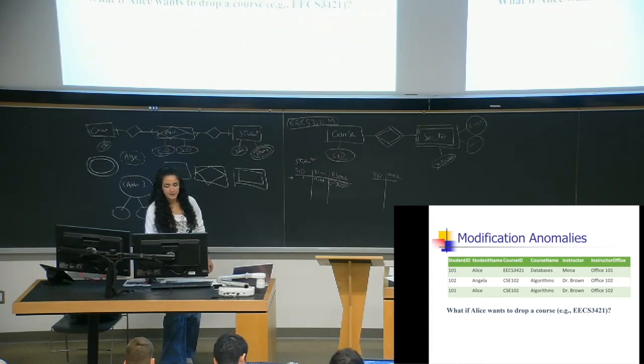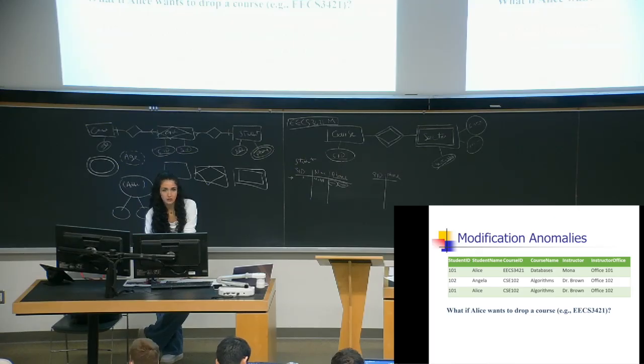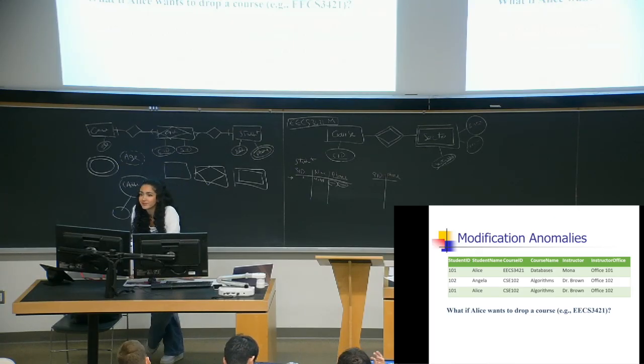Or what if, for example, someone wants to drop a course? So in terms of deletion anomalies, let's say Alice wants to drop this course. What is the problem here? The whole course wouldn't be present in the database anymore because right now she's the only one taking it. Yeah.